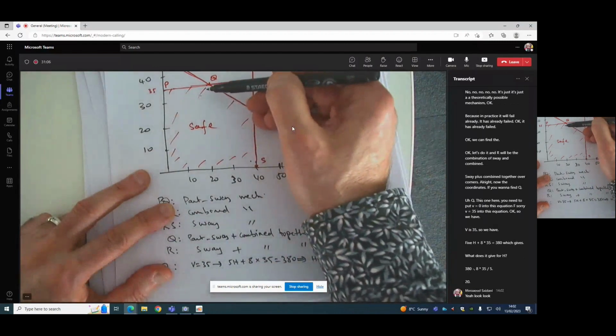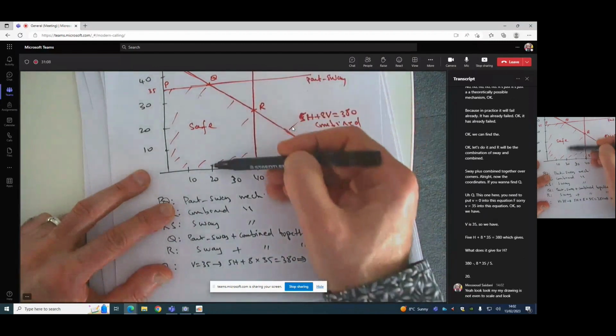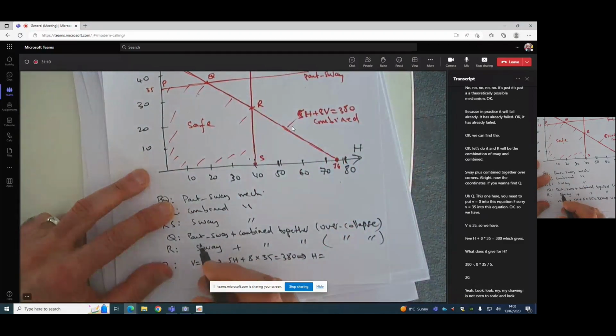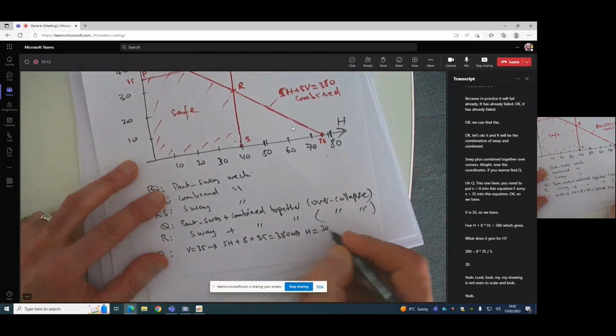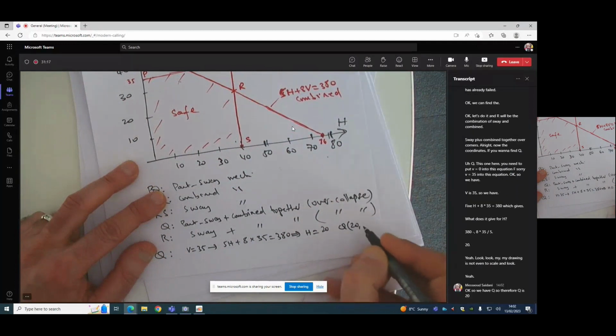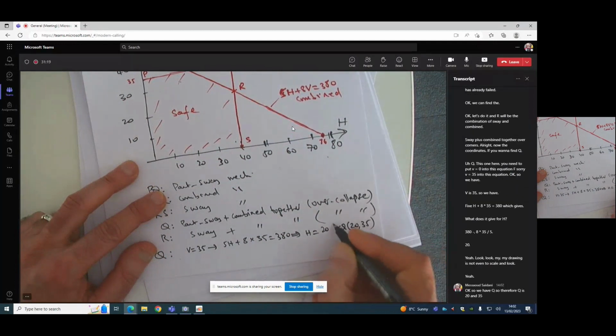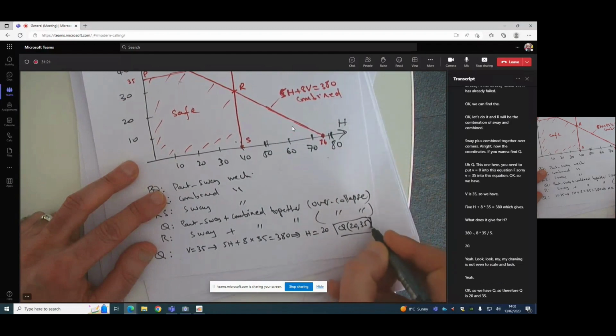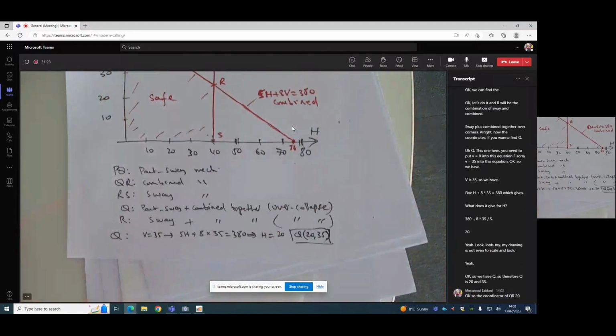Look, my drawing is not even to scale. So therefore Q is 20 and 35. The coordinates of Q are 20 and 35.